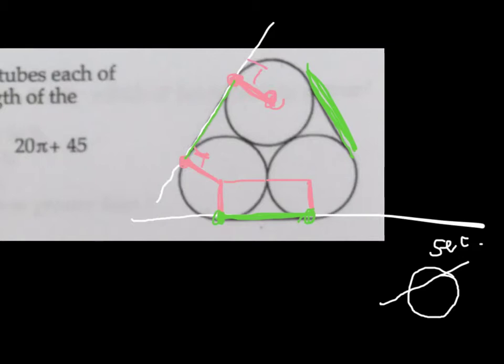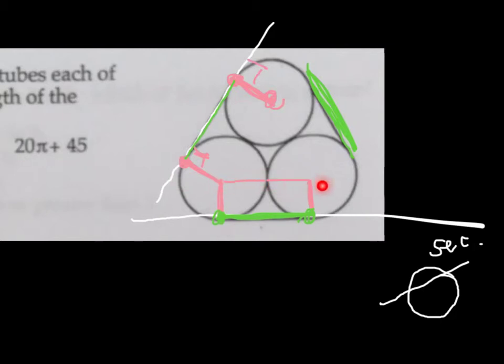Because in order for the radius to hit the tangent line at a right angle, the radius has to go straight down. Which means this center point and this center point are exactly the same distance apart as this point and this point. Each circle has diameter 10, which means radius 5.